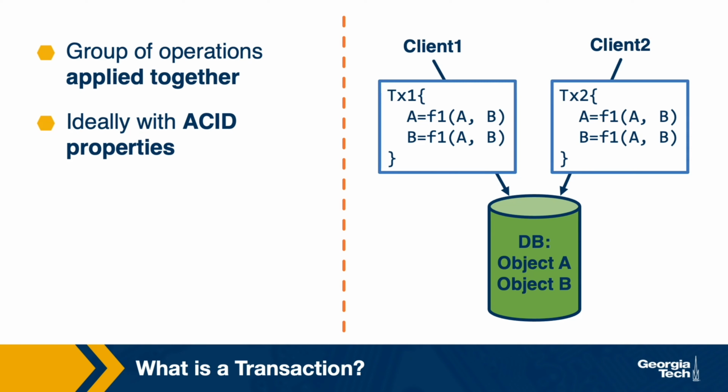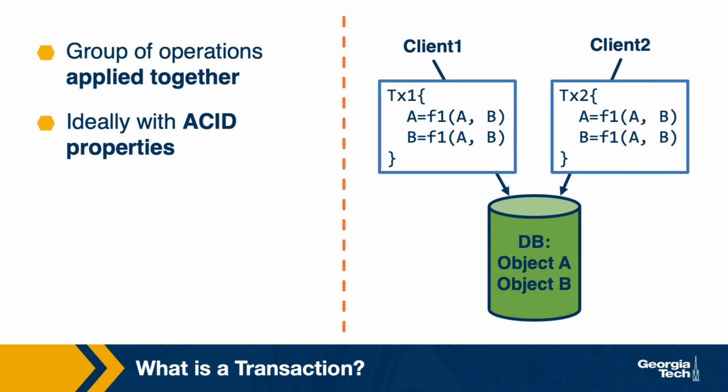In this case, if tx1 and tx2 execute concurrently, tx1 can compute f1 and then f2 using the initial values of A and B from the database, and then tx2 is allowed to compute the values of A and B with inputs that correspond to the updates that transaction 1 made, or the other way around.